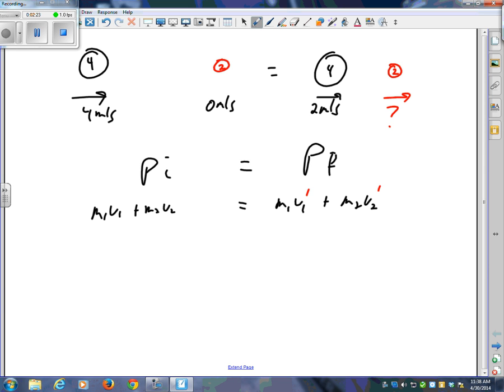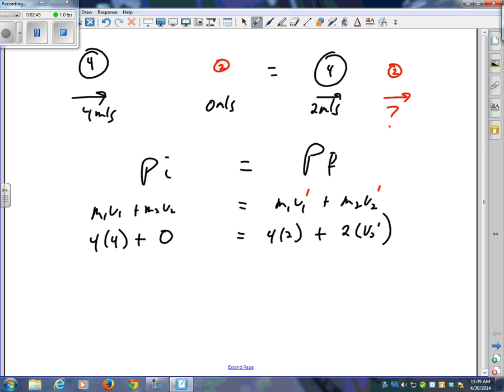The prime means after the collision. If you want to just go to the next step, write 4 times 4 plus 0, since this one is at rest, is equal to 4 times 2 plus 2 times V2 prime.